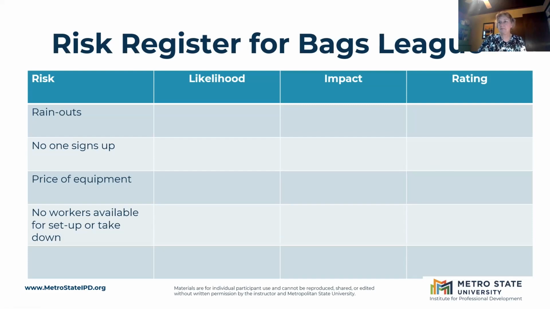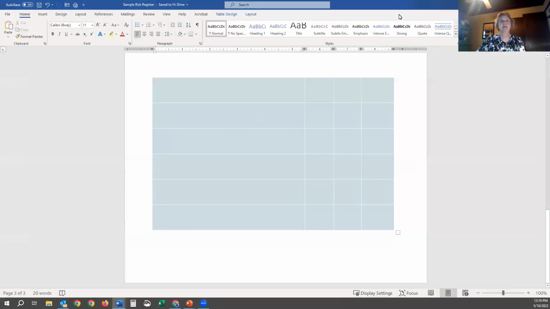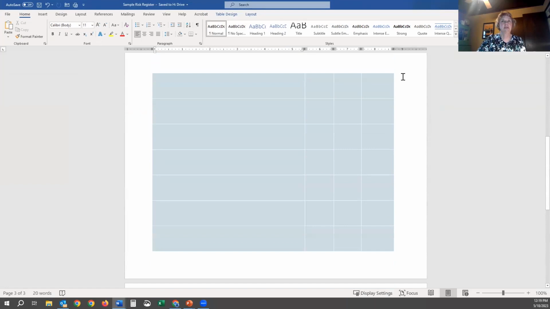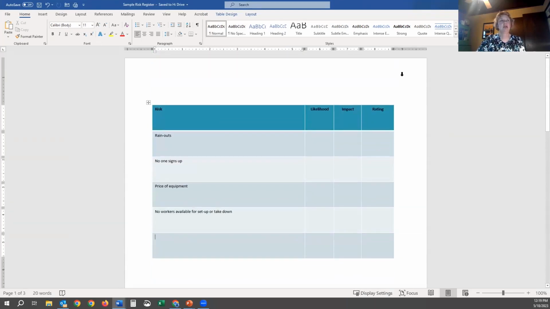Right. I am going to now share a different document. All right. And then let me check in with you guys. Can you see the risk chart ready for us to fill in? Great. All right.